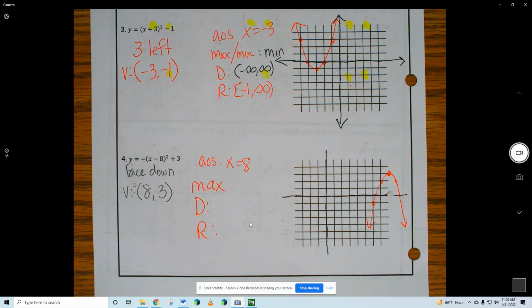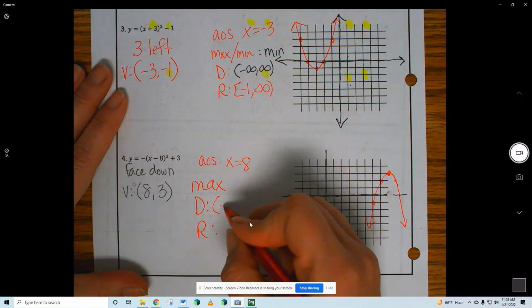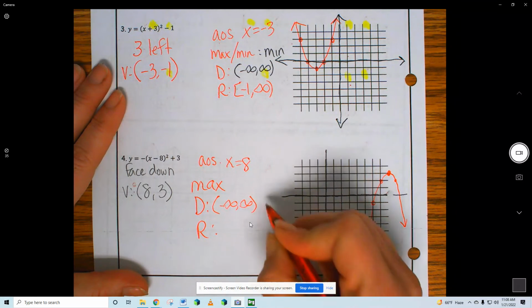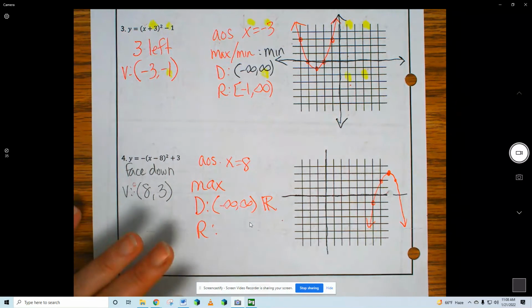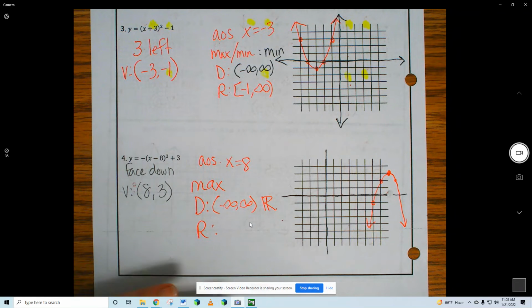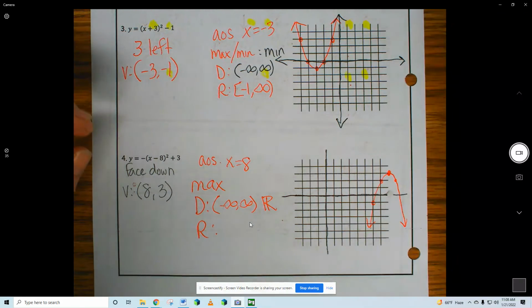What's the domain of all parabolas? All real numbers. Negative infinity, positive infinity. Some people do like that special R, but I'm going to do negative infinity, positive infinity. The range, oh, so different. This is going downward.